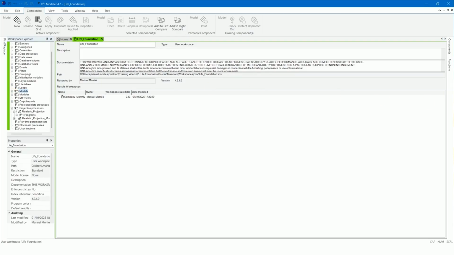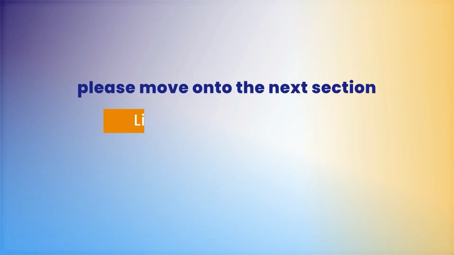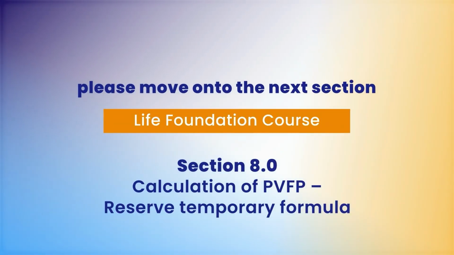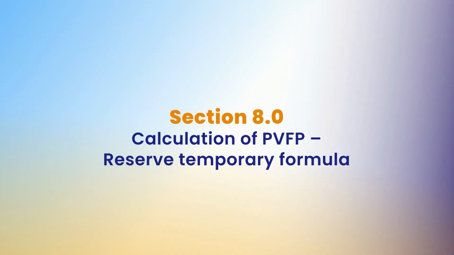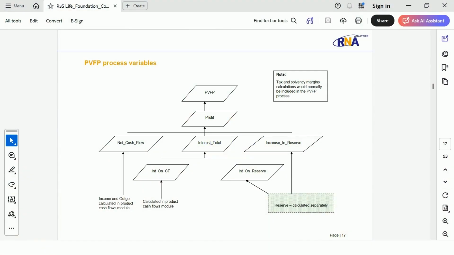The next step will be to calculate the overall profit for the business and then the present value of future profits. From this point in the course, we will only work on the company model. Section 8.0 Calculation of PVFP, Reserve Temporary Formula.